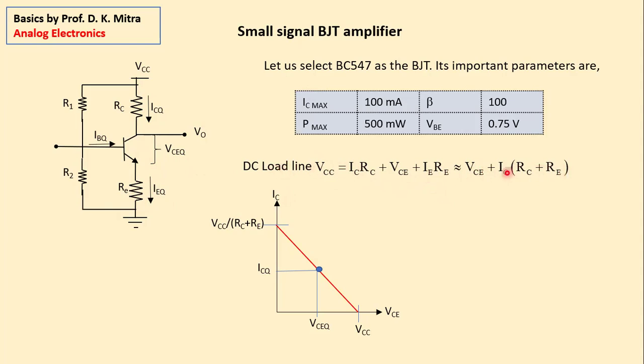So this DC load line has a slope of minus 1 upon RC plus RE. This point is here and this point is here. This red line is the DC load line. You can see from this equation, when VC is equal to 0, then IC is equal to VCC divided by RC plus RE. That means this point. And when IC is equal to 0, then VC is equal to VCC. That means this.